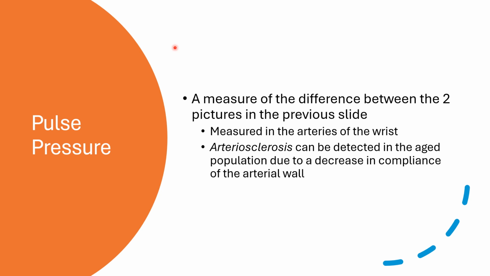And as a result, that pressure reserve that we got from the compliance of the artery walls during diastole is no longer there. Arteriosclerosis then is blockages or a change in that pulse pressure.